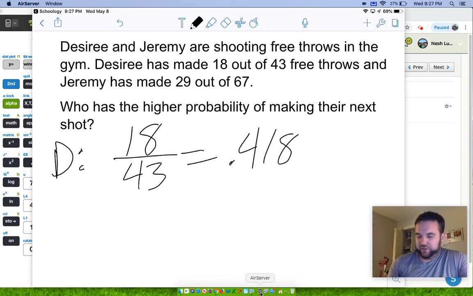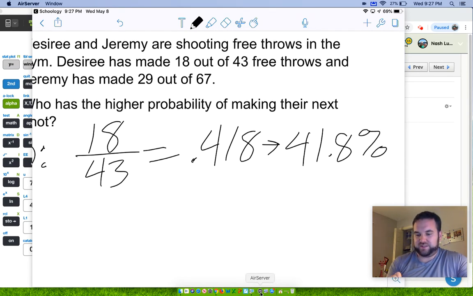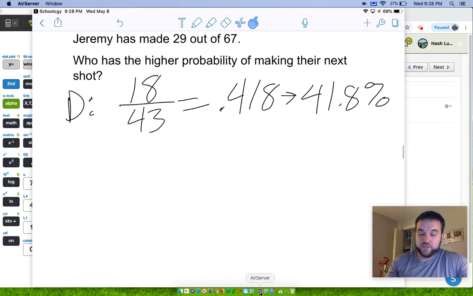If you want to think of this as a percentage, it is 41.8%. And I can change a decimal to a percentage by just sliding that decimal point to the right 2 times. So Desiree has made 41.8% of her shots, and she has a 41.8% chance of making the next one because that's her success rate thus far.